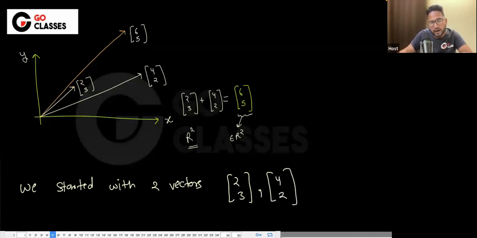Now, the addition of these two vectors is 6 5, right?